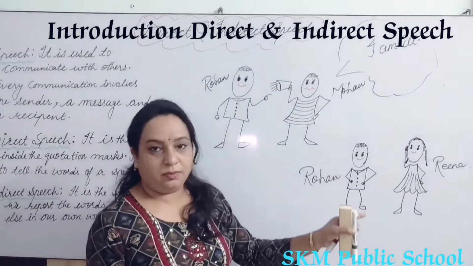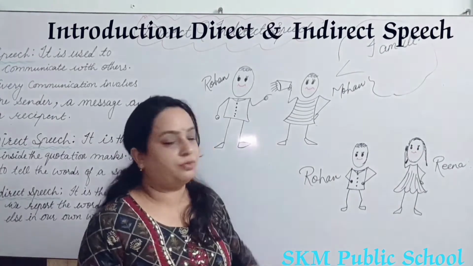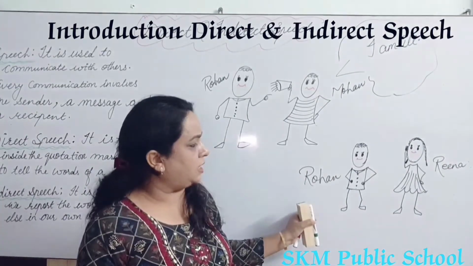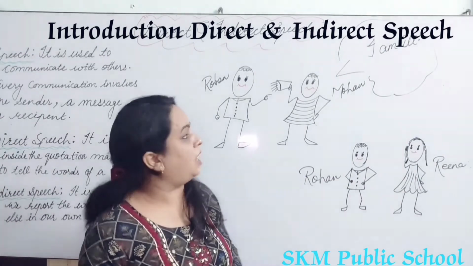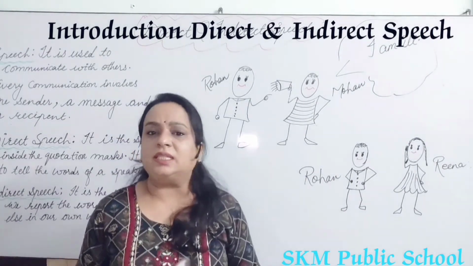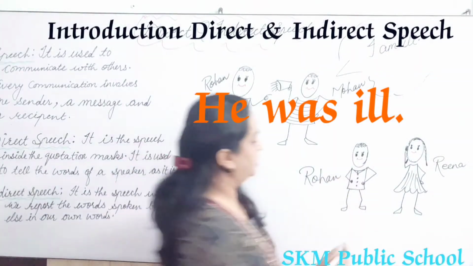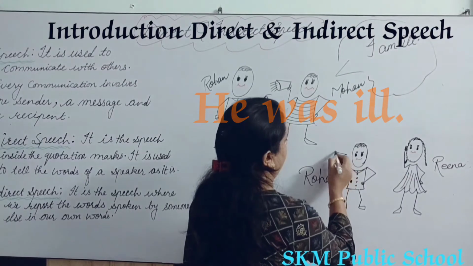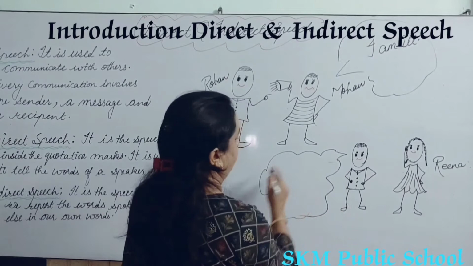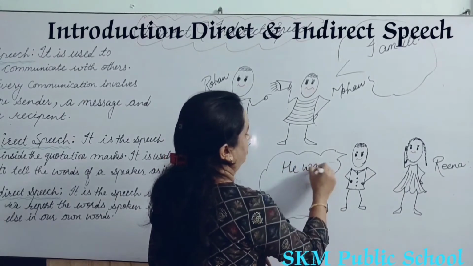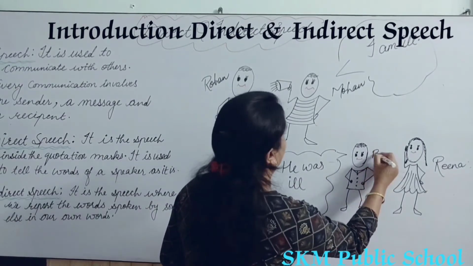Rohan met Reena, and because they were worried about their friend Mohan, he said to Reena that I met Mohan and he said that he was ill. So this is the dialogue of who? Rohan.